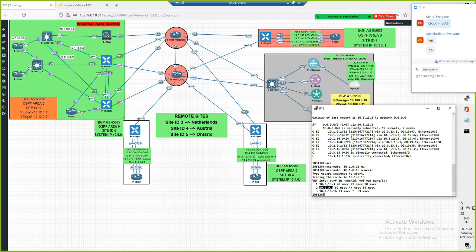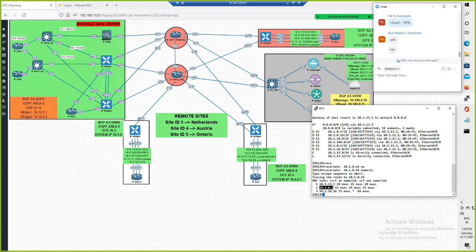So what I'm trying to tell you, you have noticed that for a long time I'm using the word fabric, SD-WAN fabric. What do you mean by SD-WAN fabric? SD-WAN fabric means think of all these devices as a single device, right? vEdge 1, 2, 3, these are physically different devices.